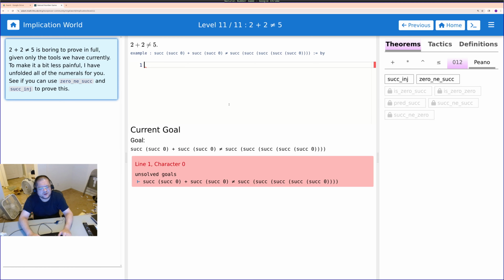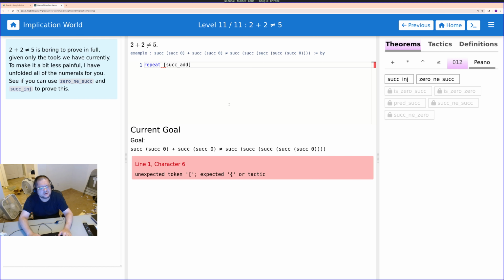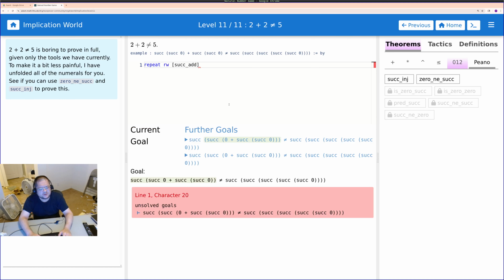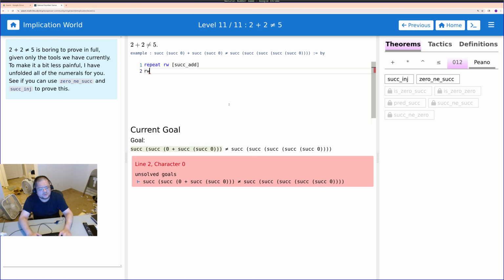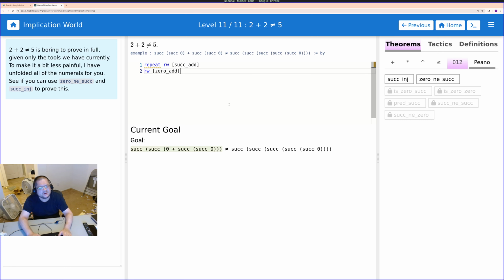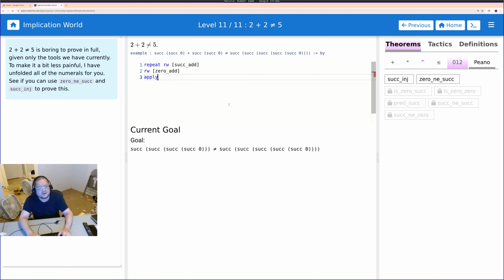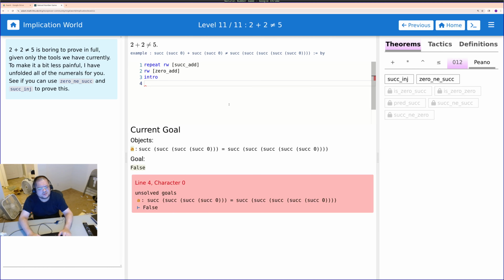Two plus 2 equals 5. Repeatedly rewrite successor add. Rewrite 0 add. Apply intro.